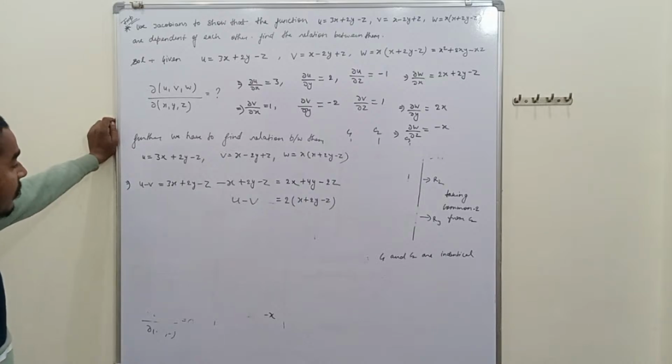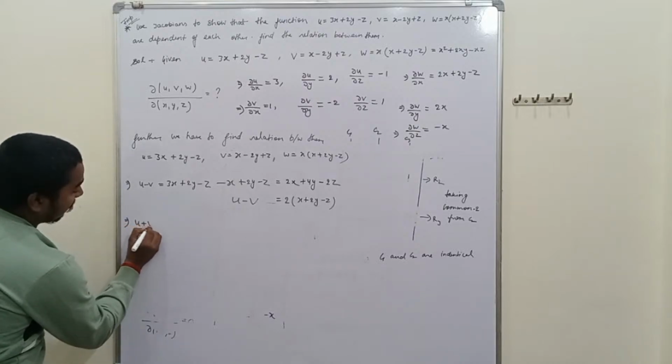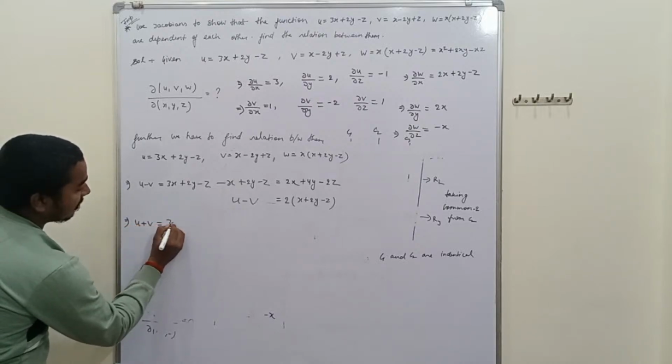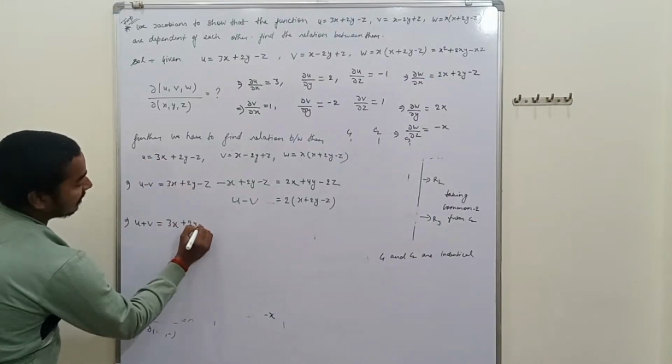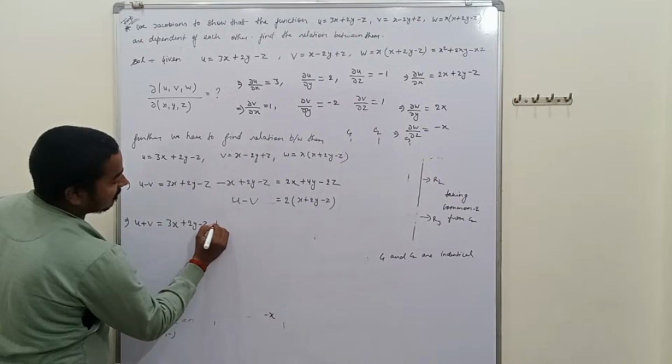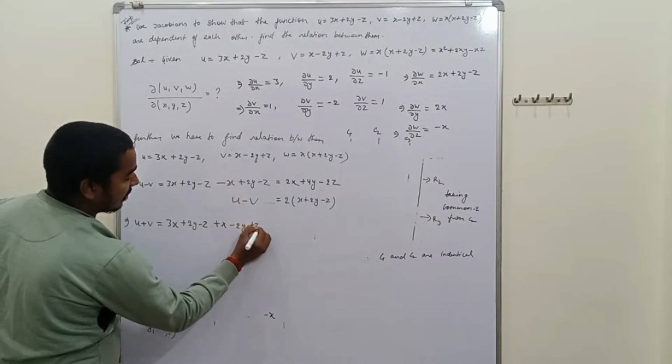We can also find u plus v, that is 3x plus 2y minus z, and plus x minus 2y plus z.